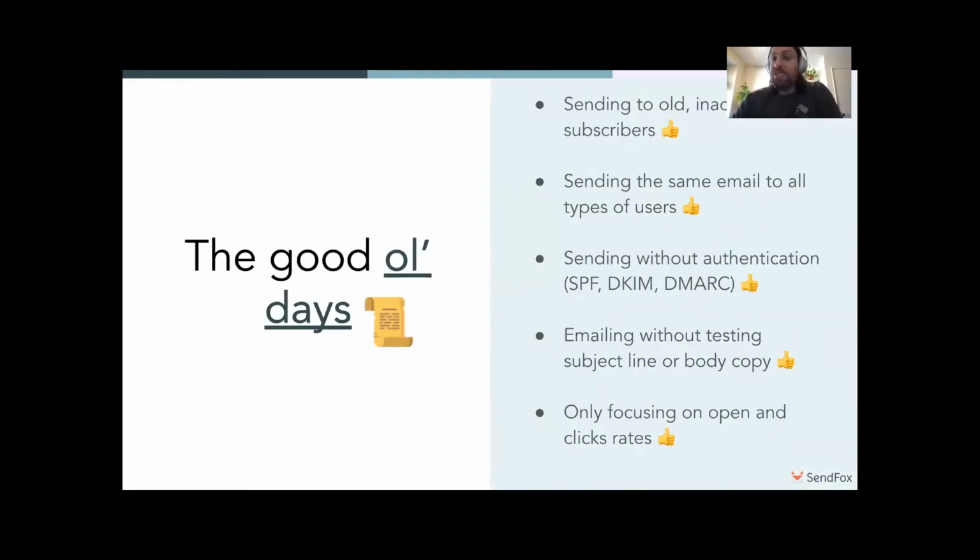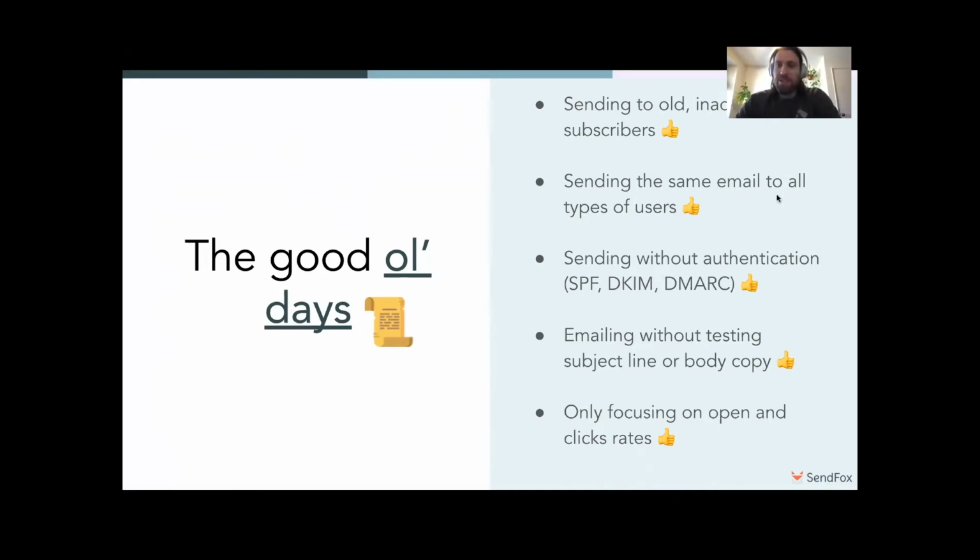It is true that email marketing has changed. In the old days, before we had all these spam filtration systems and engagement filters, you could send to old subscribers without issue. You could send the same email to every type of user. You could send without authentication. You could send subject lines that aren't checked or that don't matter.